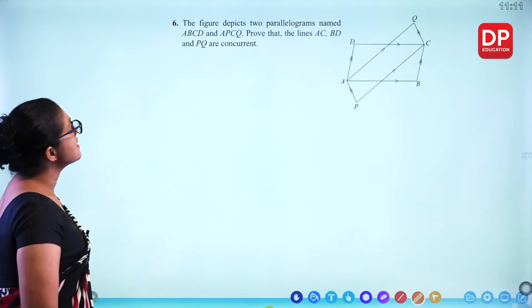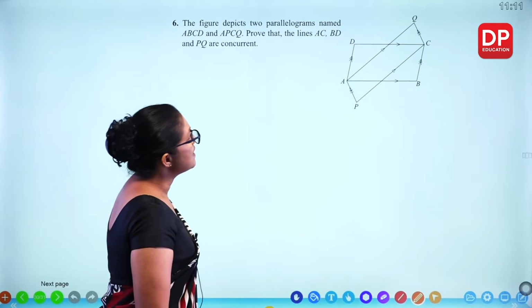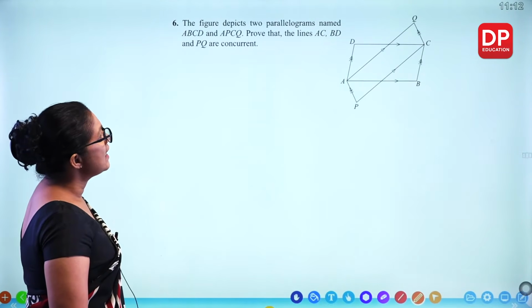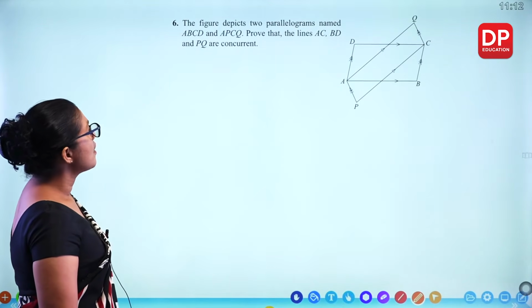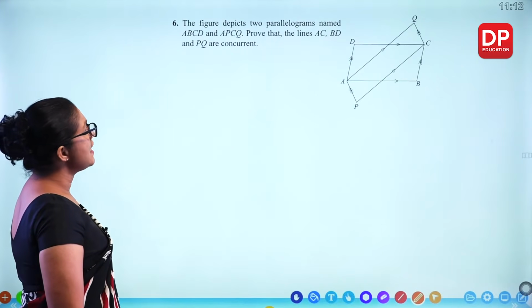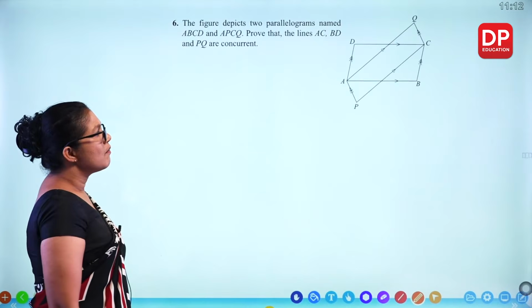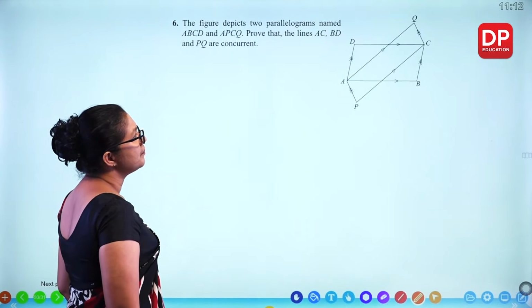Question number 6. The figure depicts two parallelograms named ABCD and APCQ. Prove that the lines AC, BD and PQ are concurrent. What does concurrent mean? Passing through the same point.